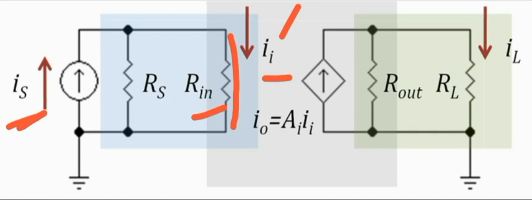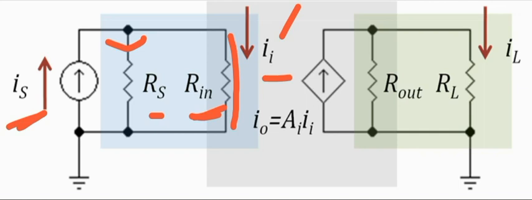There will be a minute amount of current that will flow through Rs, considering that in a practical current source Rs is much larger than R in, or in other words, R in is much smaller than Rs.